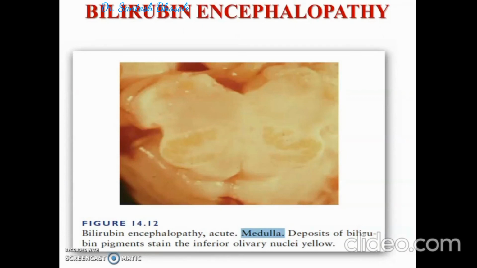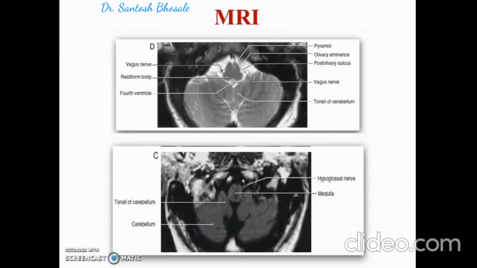So hepatic failure may also lead to the encephalopathy involving the medulla, and the medulla is also involved in case of Arnold-Chiari malformations. Here you can see in the MRI how the medulla is visible, separated from the cerebellum by the cavity of the fourth ventricle.